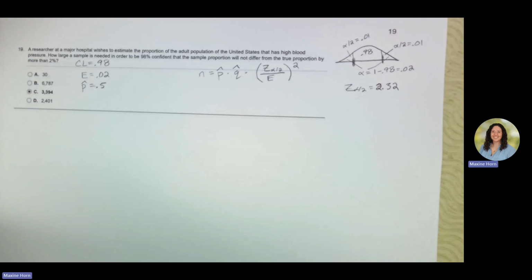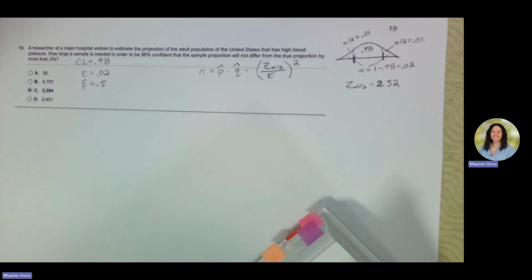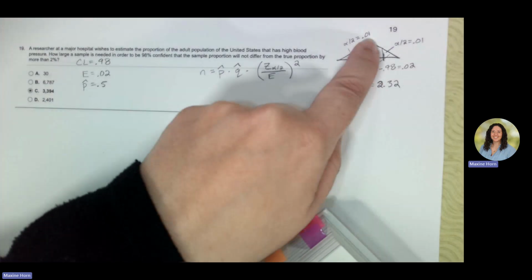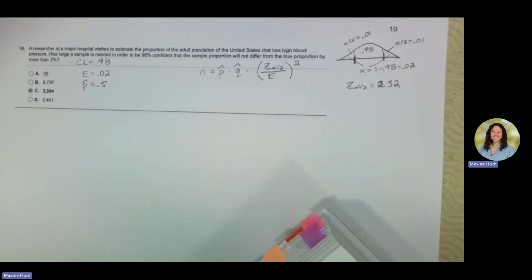But also, I've done this problem before, and I want to show you that in the back of the book, if you look that up, a confidence level of 98%, the area in one of the tails is 0.01.